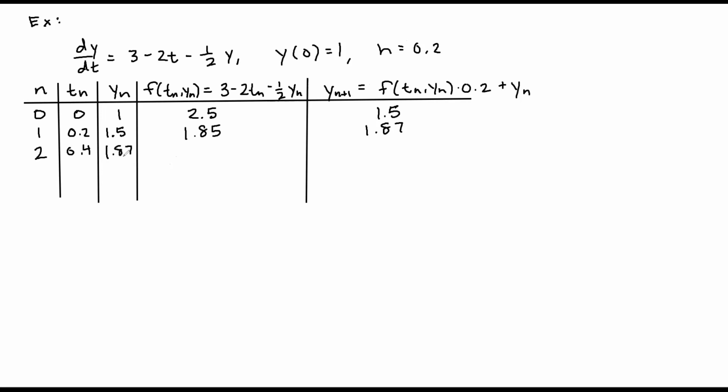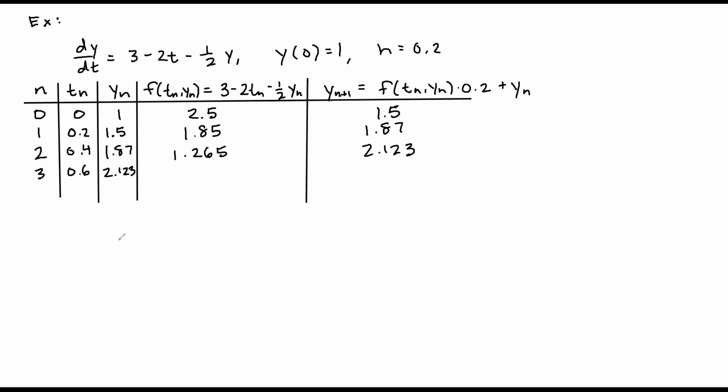And then to find the next value, you take those two, plug them into the slope first. Out comes 1.265. Then take those three things, plug them into this equation here, and you generate 2.123. What does that mean? So for t sub 3, y sub 3, we'd have 0.6 and that result 2.123.